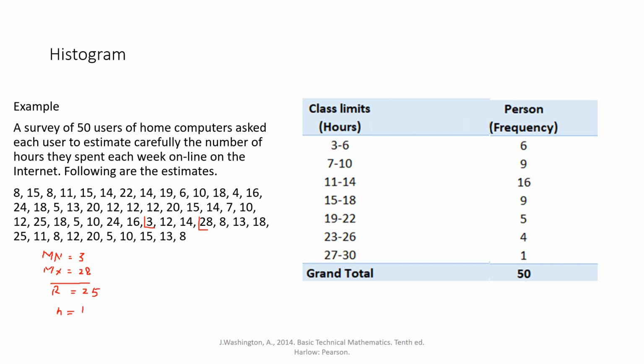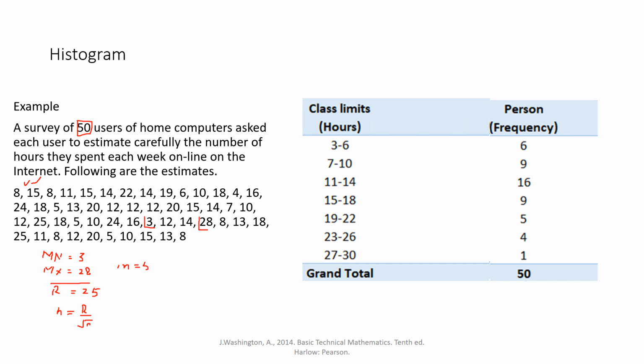H is actually the square root of r divided by n. What was n? N was the number of values, so it is given in the question as well, or you count them one by one, 1, 2, 3 like this.